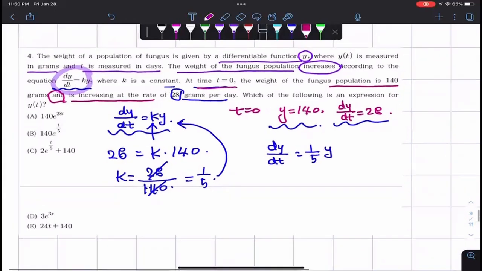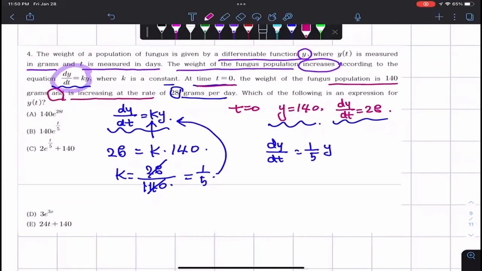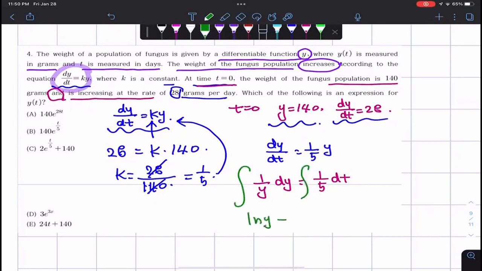Okay, let's start. Separate variables like this: 1 over y dy equals 1 over 5 dt. Apply the integral on both sides: ln y plus c1 equals 1 over 5 t plus c2.